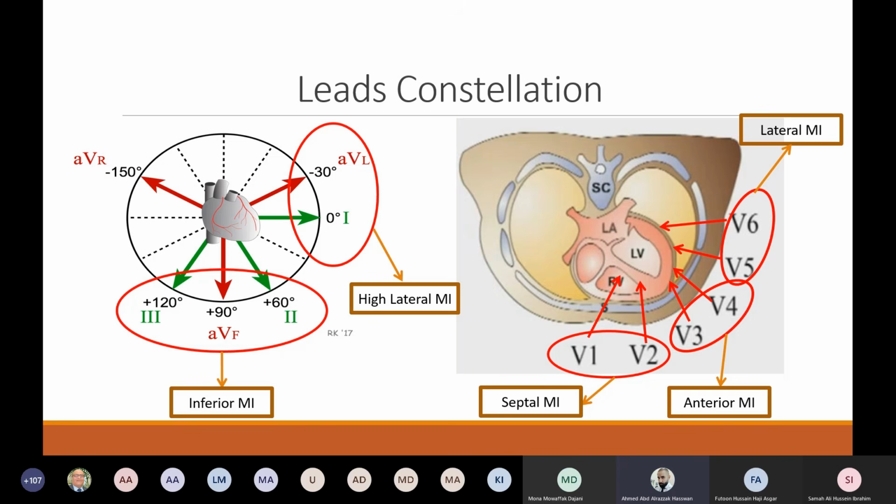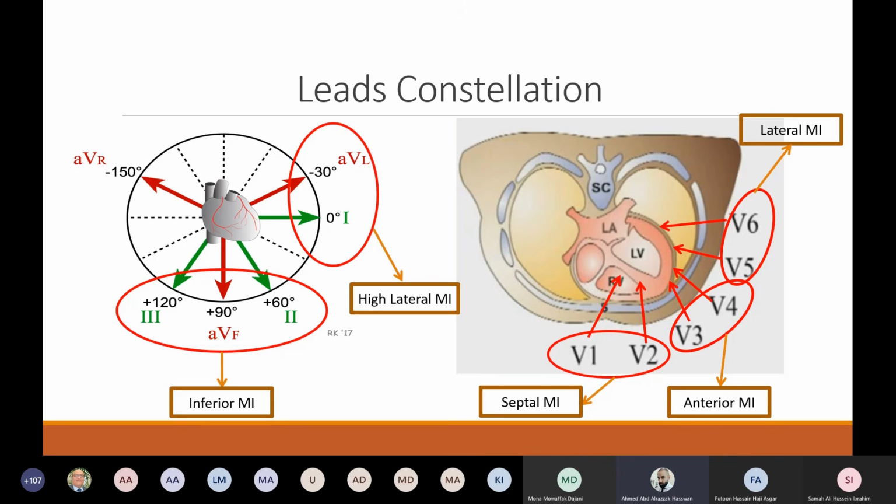So now we can combine any of these, especially the chest leads from V1 to V6. If the patient has ST elevation from V1 through V4, this will be an anteroseptal MI. If, let's say, from V3 to V6, this will be anterolateral.